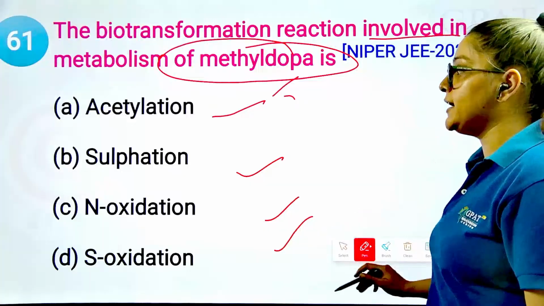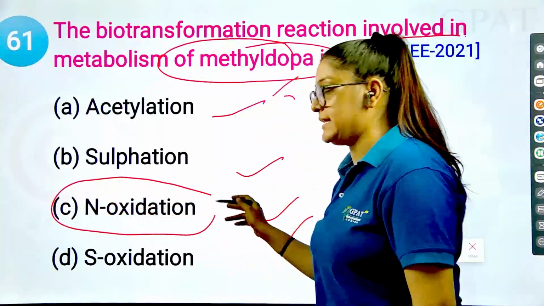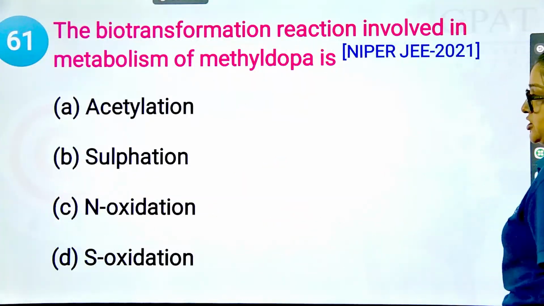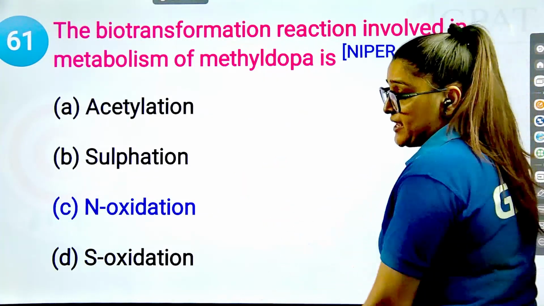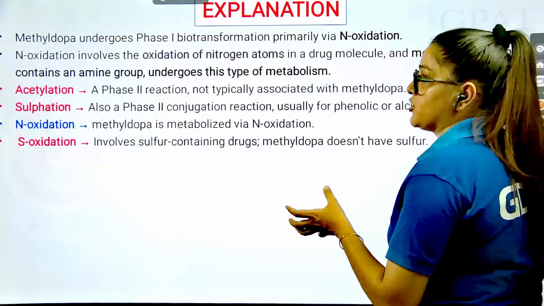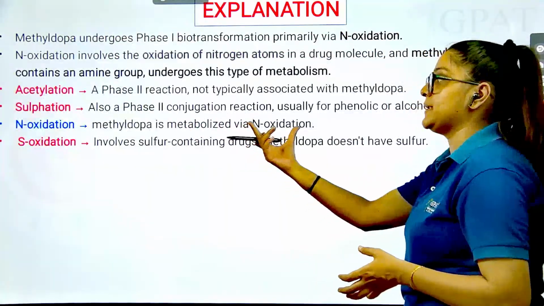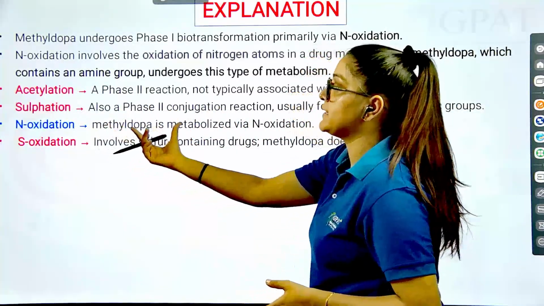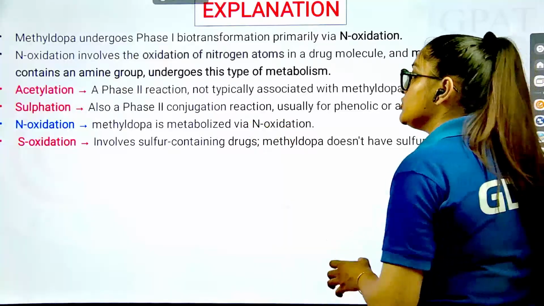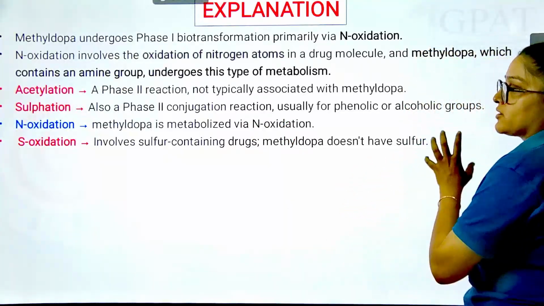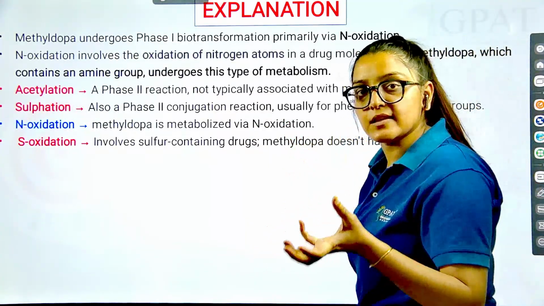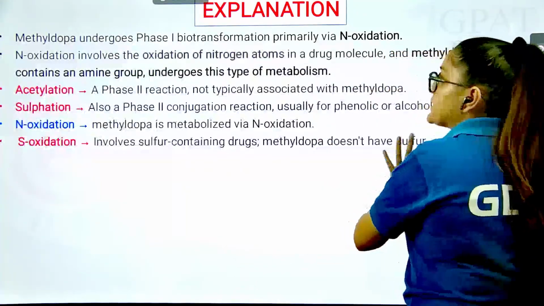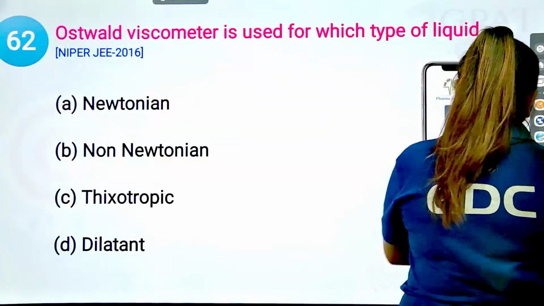For methyl dopa with the functional group, you must see that N-oxidation is going to be the particular biotransformation reaction, in which phase 1 metabolism is happening. Addition of the functional group is happening here in the case of N-oxidation. S-oxidation involves sulfur groups, and in methyl dopa we do not have any sulfur, so the correct answer was the oxidation option.